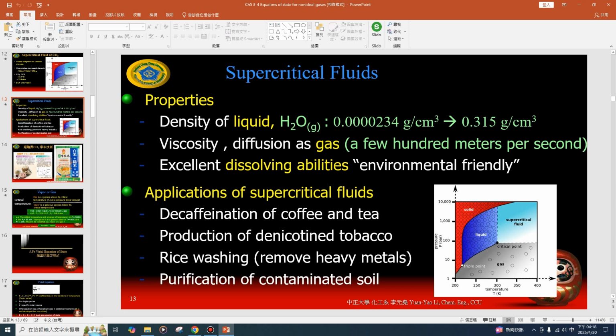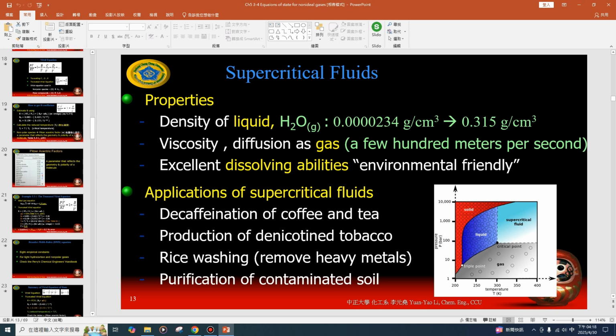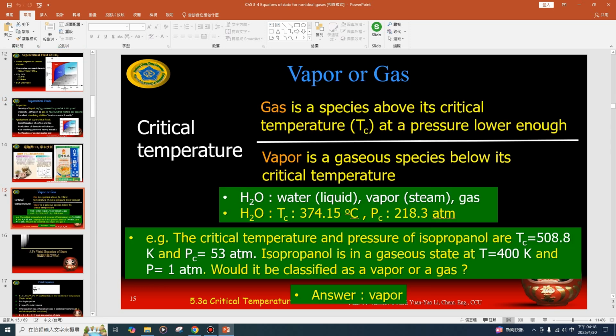In that case, the environment we can regard as a supercritical fluid. Okay, so this is what we want to know: supercritical fluid, and also you need to know the definition of vapor and gas.